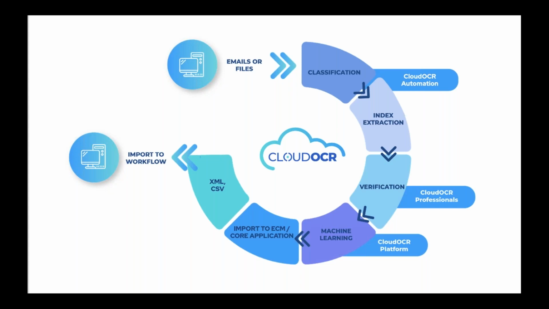Essentially, the rule of thumb at CloudOCR is if we get it in before noon central, we're going to get it back to you fully indexed that day. If we get it after noon central, then it's 24 hours. So we do turn it around quite quickly, and we will work with you if there are any special cases where, for some reason, at the end of November, you have a particularly higher volume than normal.